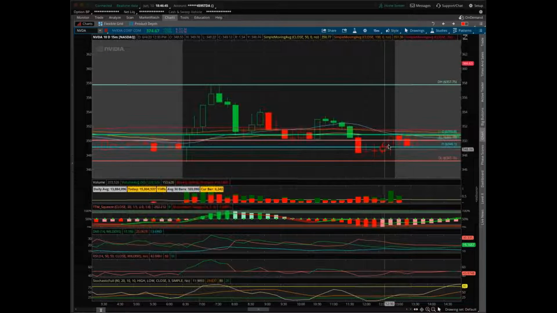Then it comes back here and finishes, closing the end of the day right in between the open and the close of the first candle of the day. So ugly day, ugly day.